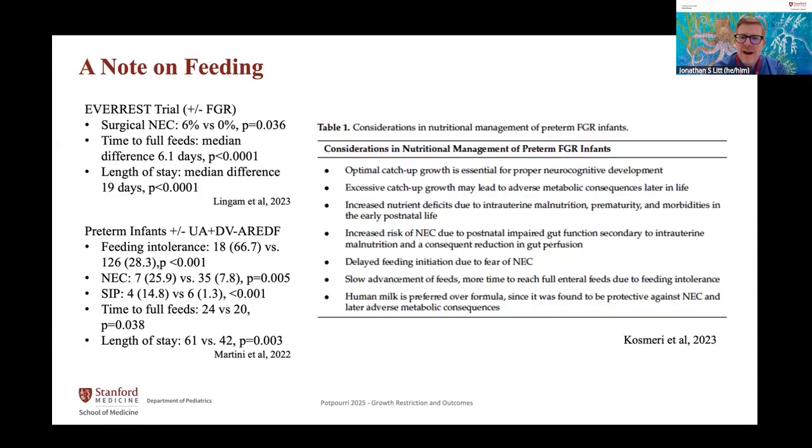We know that optimal catch-up growth is important for proper development, both of the brain and neurocognitive development, but then also just your general health. We'll talk about what catch-up growth means in a minute. We know that excessive catch-up growth can be detrimental to one's health over time. There are increased nutrient deficits associated with intrauterine malnutrition, which may or may not be the causes of your growth restriction, and we need to be attentive to that.